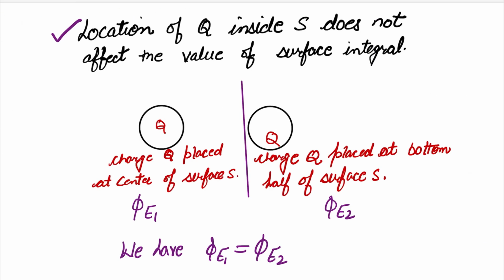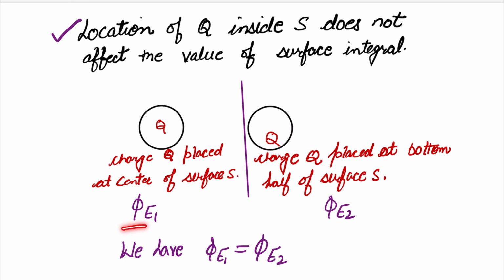Another important thing is that the location of the charge inside the surface S will not affect the value of the surface integral, meaning that it will not change the electric flux. Suppose this is any spherical surface and Q charge is placed at the center, and in another case the Q charge is placed near the boundary of the sphere.